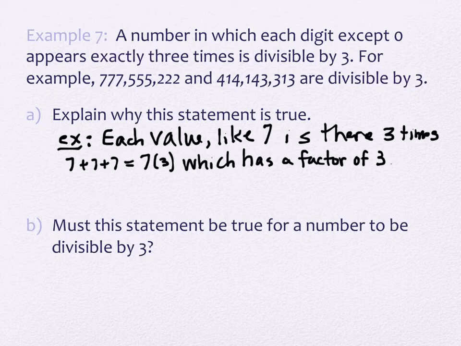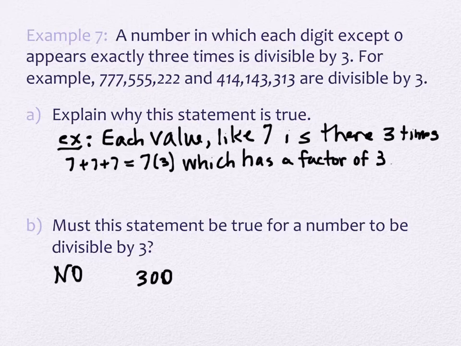No. Can you give me an example? 6. Can you give me a 3-digit example, just for fun? 300. Okay, 300. That'd be a very straightforward 3-digit example, right? Is 300 divisible by 3? Yes. Does the 0 appear 3 times?